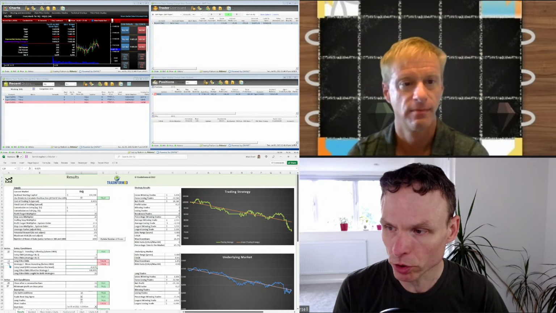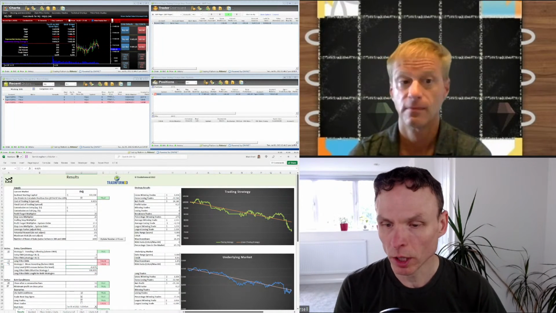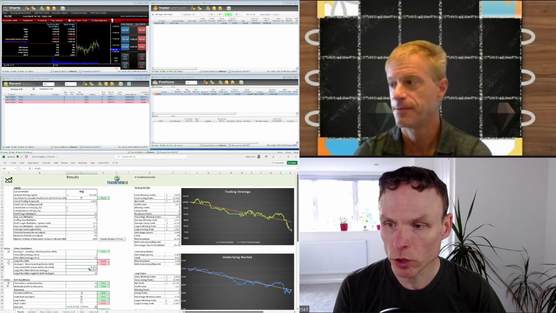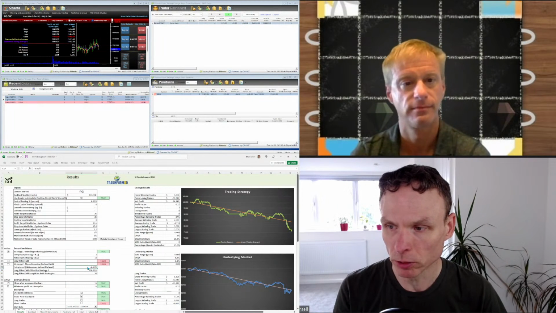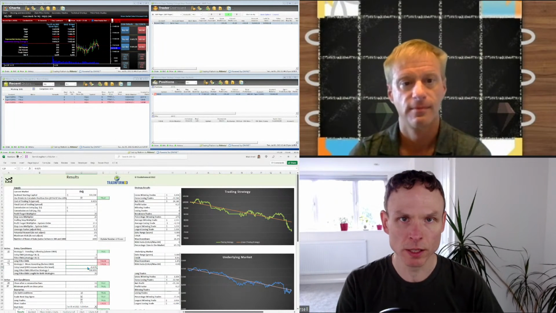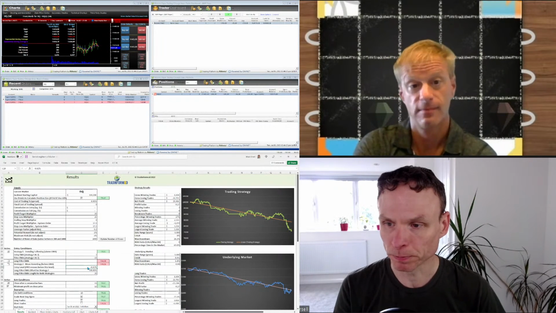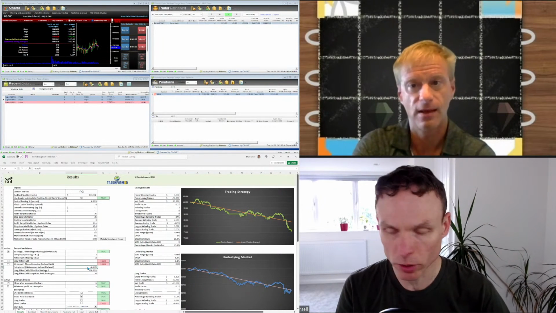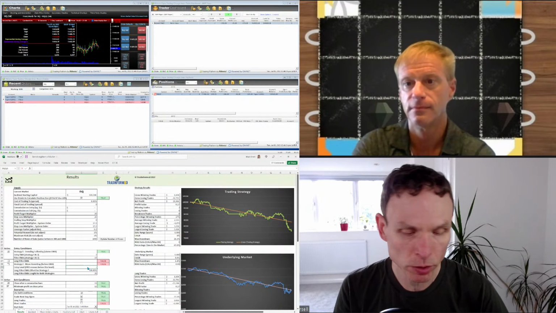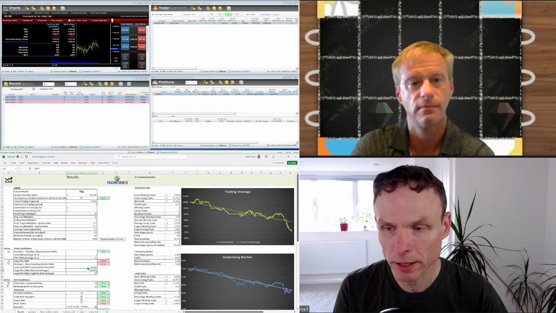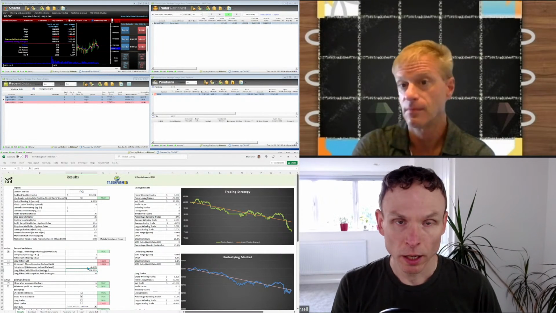So strategy 1. Strategy 2 that we were just speaking about a moment ago, you can adjust this entry level. So this is the yellow line that I was showing a moment ago. So yes, to answer your question, if I was to put this to 0.5%, it would be lower.